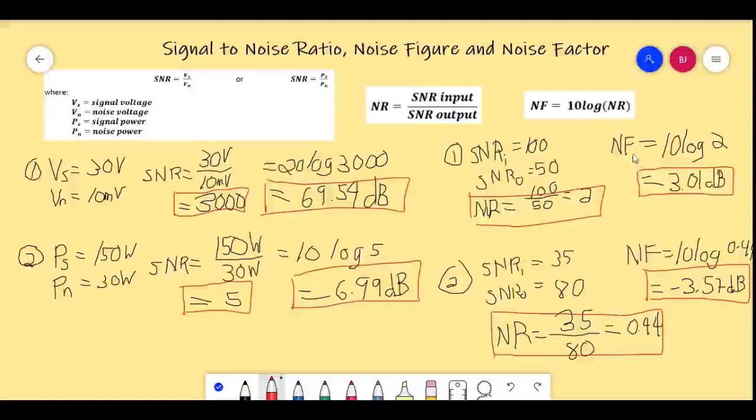Okay? So this first part will be our noise figure, and this one will be our noise factor. So in noise factor, a negative decibel is actually better because it means that there's an improvement in the signal to noise ratio. So a positive noise figure, or noise factor rather, means that there's a degradation of the signal to noise ratio of the output compared to the input.